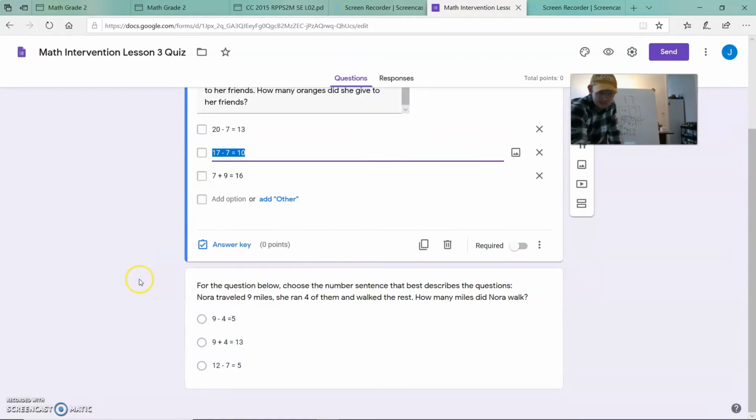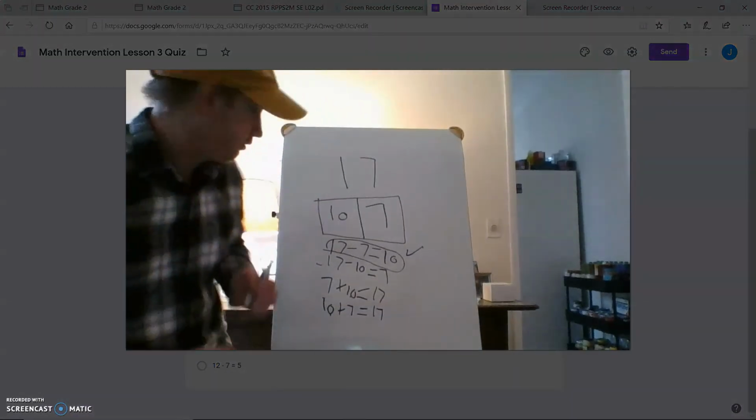Question number 2 says, for the question below, choose the number sentence that best describes the question. Nora traveled 9 miles. She ran 4 of them and walked the rest. How many miles did Nora walk? Well, let's draw another diagram.